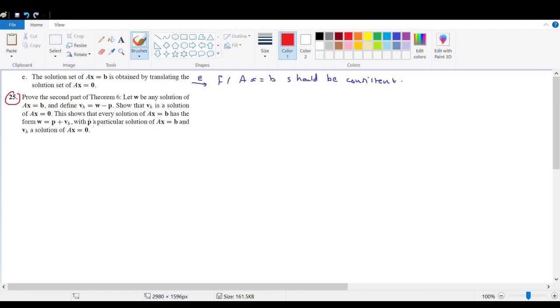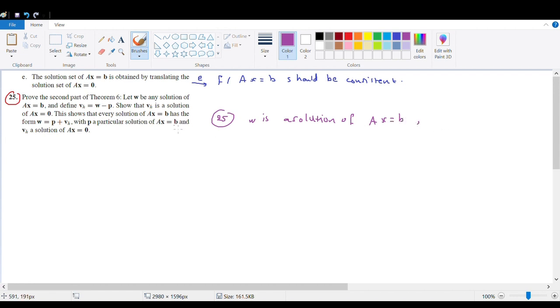This shows that every solution of Ax is equal to b has the form w is equal to p plus vh, with p a particular solution of Ax is equal to b and vh a solution of Ax is equal to 0. So for this one we are given that w is a solution of Ax is equal to b.